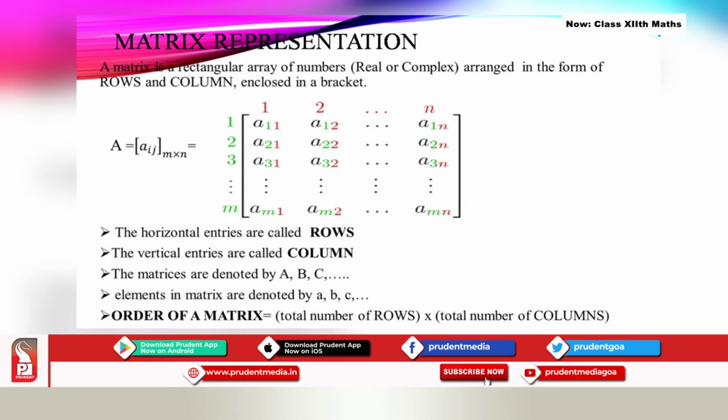One thing you need to remember: matrix is the singular form and matrices is the plural form. So here, since we look at one matrix, we say matrix representation. A matrix is a rectangular array of numbers, real or complex, arranged in the form of rows and columns enclosed in a bracket.